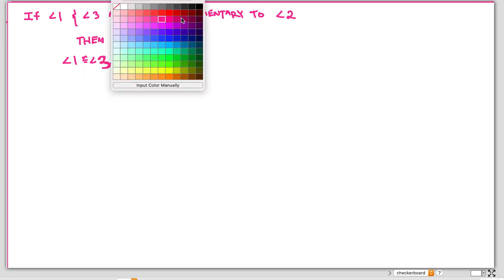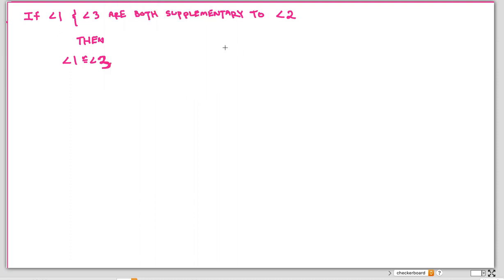If you have an angle like this, this is angle 1, and then you have some other angle, angle 2, and then some other angle, this is angle 3.